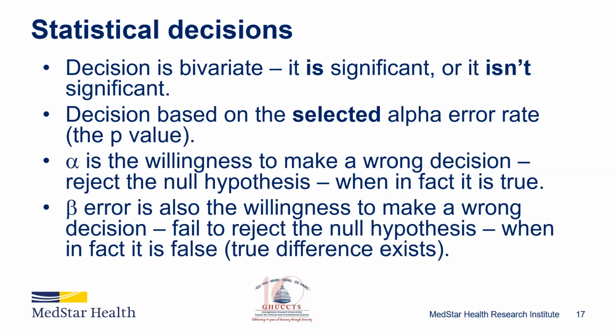You can kind of think of the alpha error as a false positive, if you think in terms of tests for a disease, that the test can turn out positive, but they really don't have the disease, or the test can turn out negative, but they really do have the disease. So if you think of it in those terms, then the alpha and beta errors correspond to that kind of reasoning.